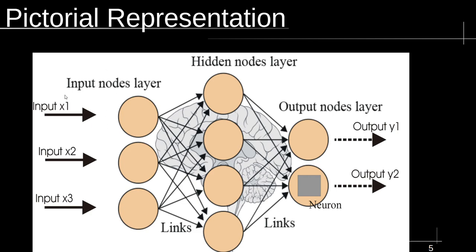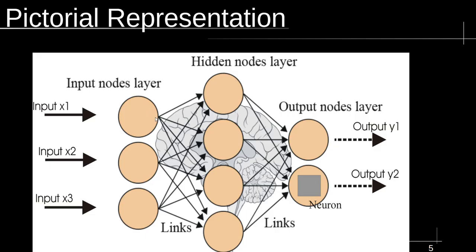First one is the input node. The input nodes just get information: input 1, input 2, input 3, input 4, and so on. And whatever output they generate is given to the hidden layer nodes, and they again process and pass output to the next, and finally we get the output in the output layer, and that is the final output.